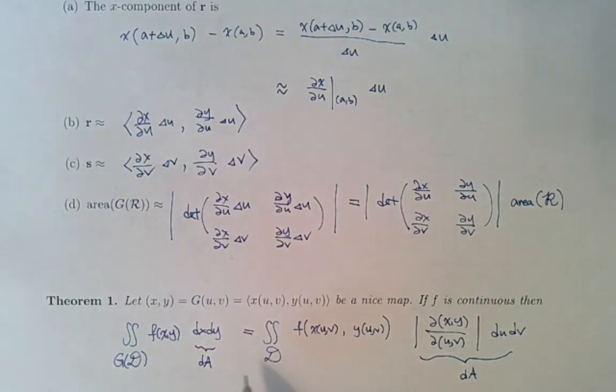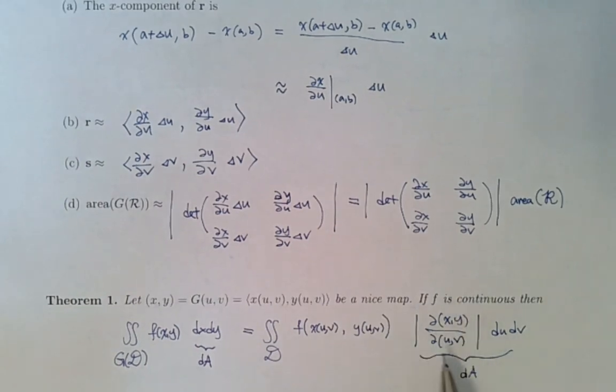This seems a little backwards, but think about it one more time now that you've seen it. We start with a region, not necessarily a rectangle anymore, some kind of generic region in the uv plane, and then we map it using G to the xy plane. That's the direction that we're going.